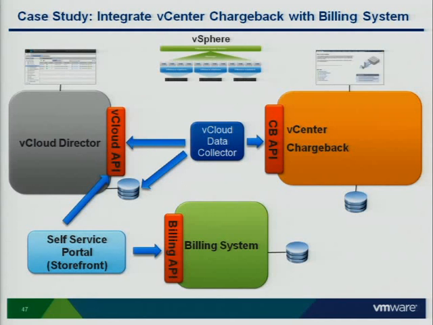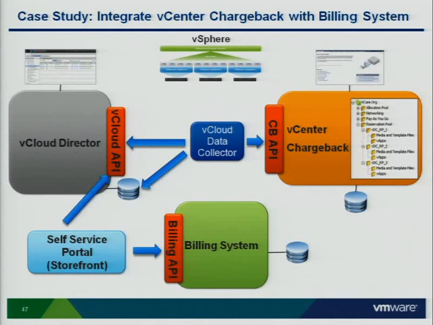The chargeback system starts monitoring the usage of those provisioned resources and starts the billing cycle for those. It populates all the information in the chargeback system. It's pretty much real-time population. So as soon as you add any resources in vCloud Director, it gets populated in the chargeback system. And the billing system then uses chargeback APIs to pull out all the information from chargeback, customizes it based on their requirements, and generates the cost reports. So those are the simple steps to explain how this integration works together.